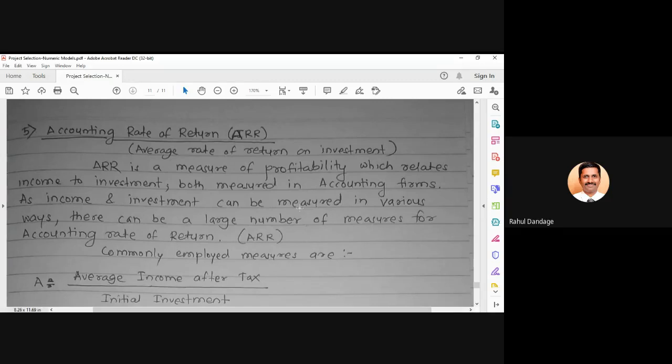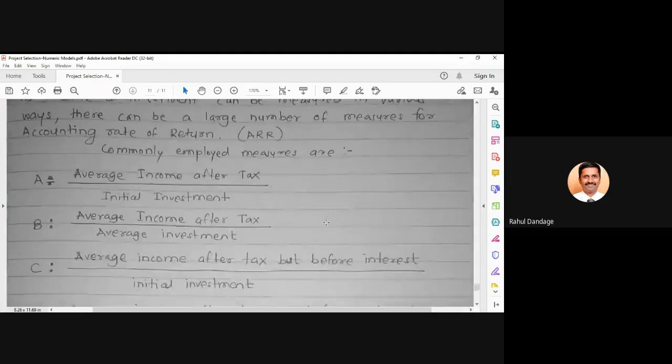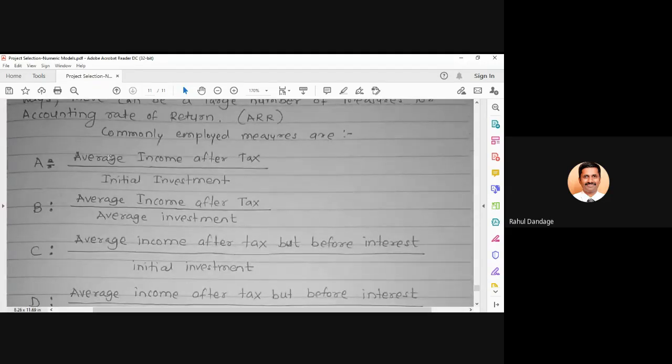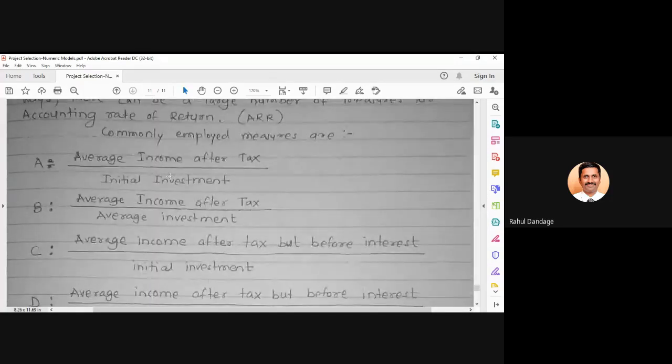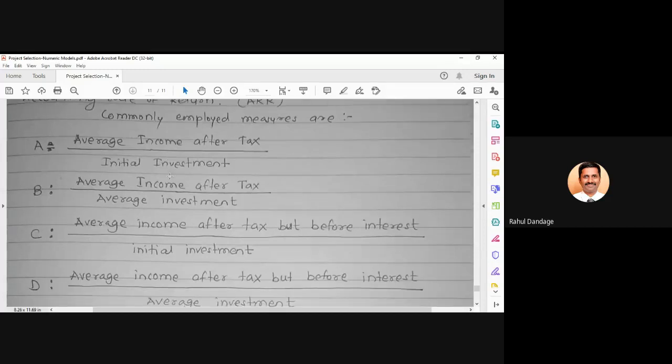The various commonly employed measures are, so there are various types of formulae available for calculation of the accounting rate of return. These are some of the formulas. Formula A, ARR is equal to average income after tax divided by initial investment.